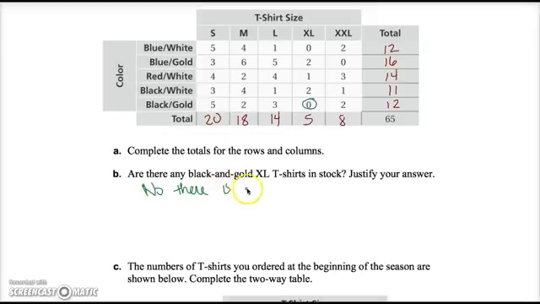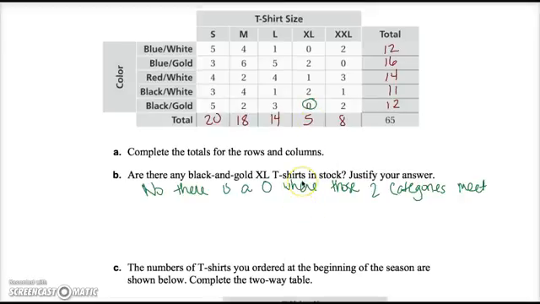And to justify, there is a 0 where those two categories meet. Okay? So that's basically reading a two-way table.